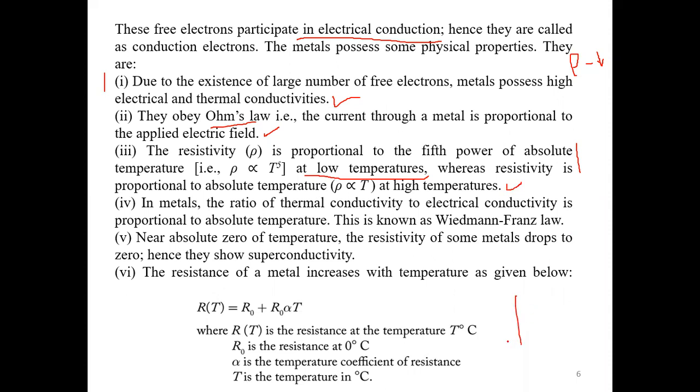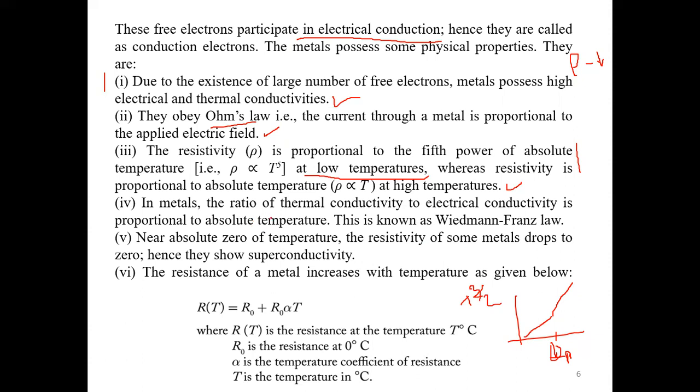So there is a temperature called the Debye temperature, theta D. Above theta D, it is proportional to T, and at low temperature it is proportional to the fifth power, T to the power 5. Some theories say it is also proportional to T to the power 3/2 as well.